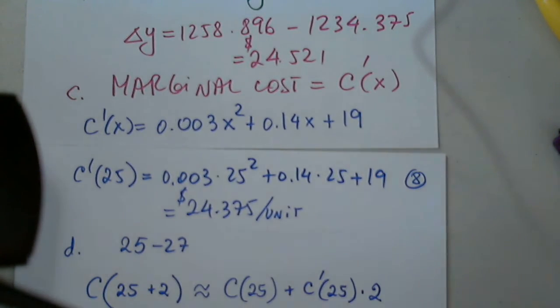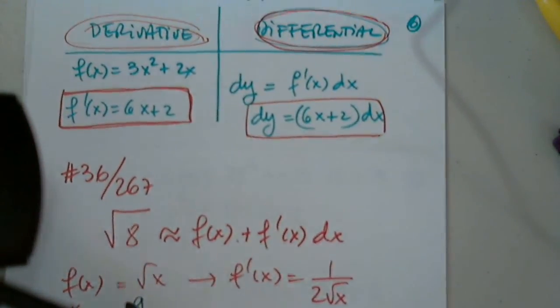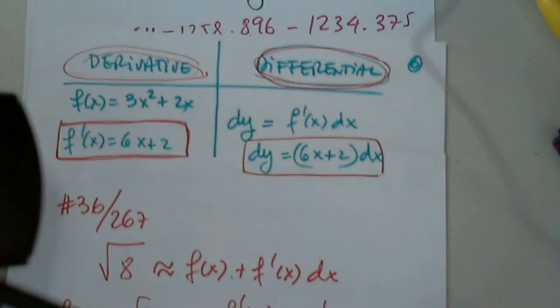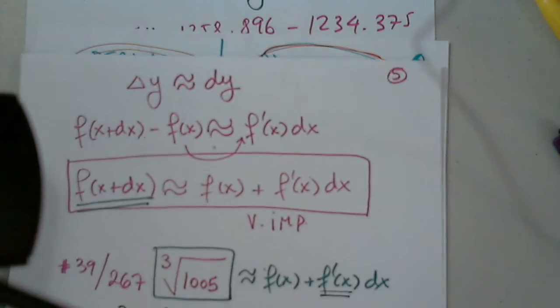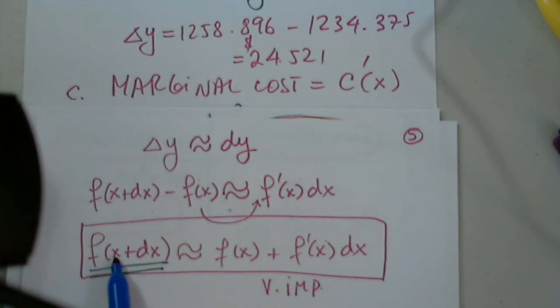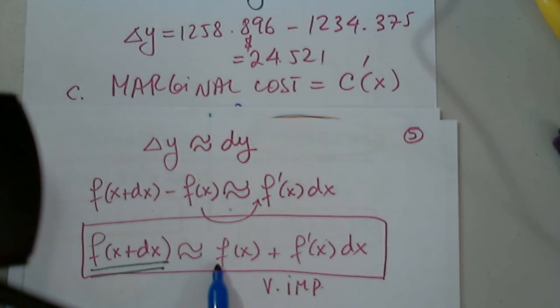How did I come up with this? Cost of 25 increased to 27, so the error, if you want, is 2. This will be equal to cost of 25 plus C prime of 25 multiplied by 2, because here I want 27 now.